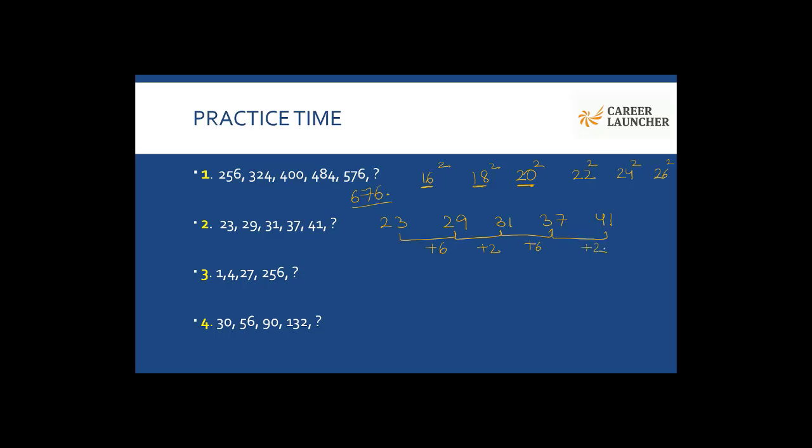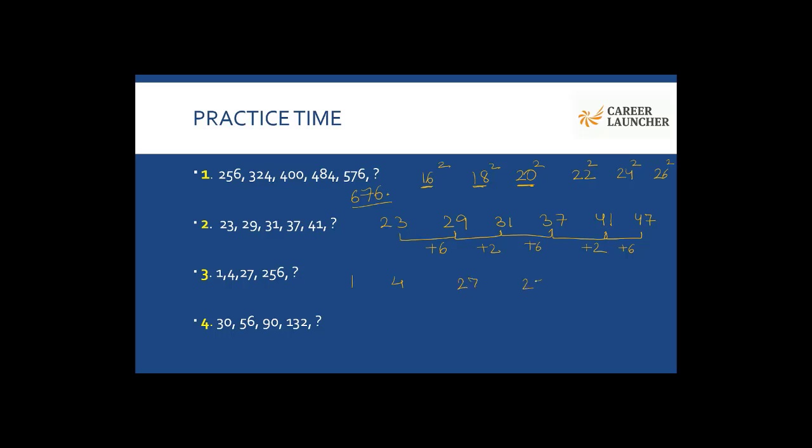We are adding, but the terms that are being added are being alternated. So for one term we are adding 6, and for another term we are adding 2, and that is being done in alternation. So after 41, for the next term we will be adding plus 6, and we will be getting 47.